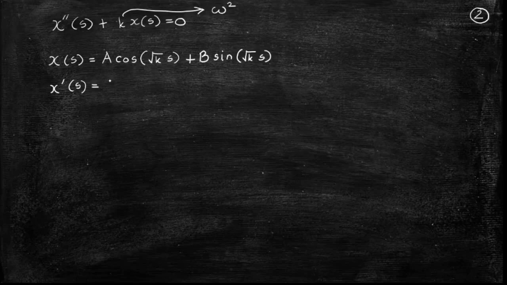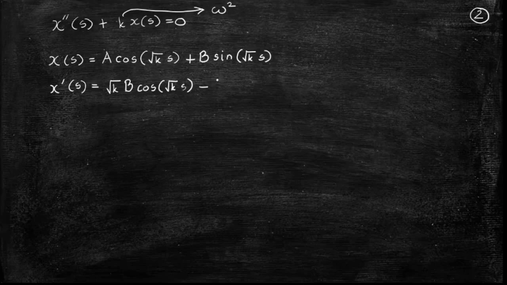It will give you root k times b cos root k times s, and the derivative of this term will give you a minus sign.